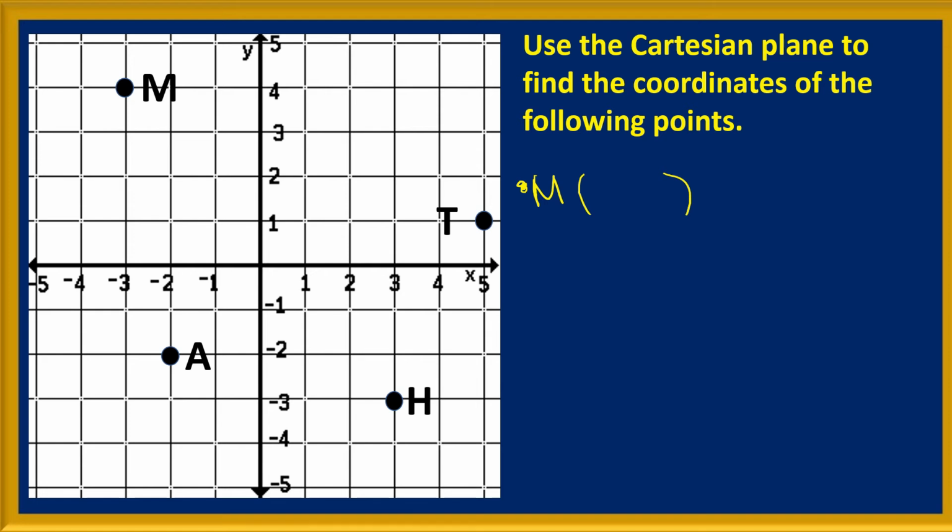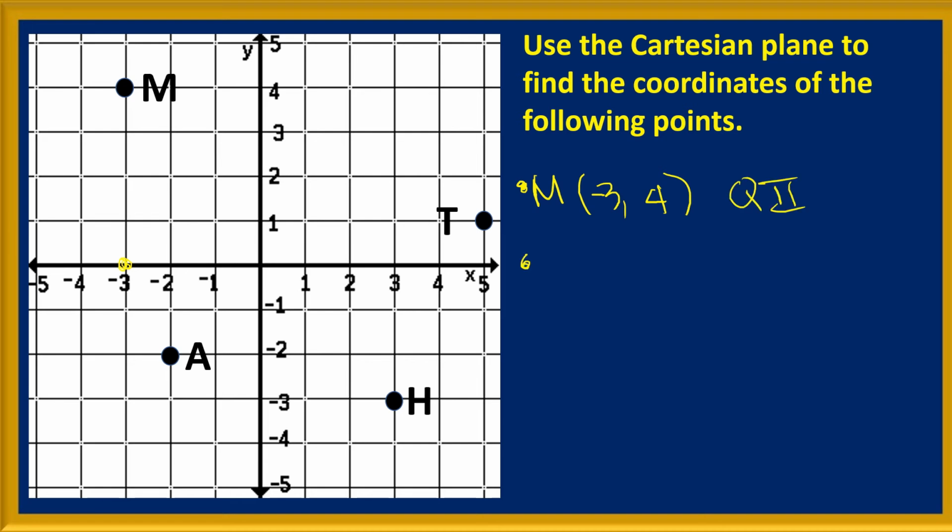Sa point M, kung titingin tayo sa x-axis, ito ay nasa negative 3. So, ang value ng x niya is negative 3. Ang value ng y niya, makikita natin, is positive 4. So, therefore, point M lies in negative 3, positive 4. So, it was located in quadrant 2.